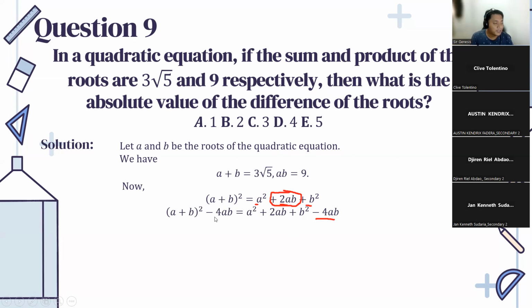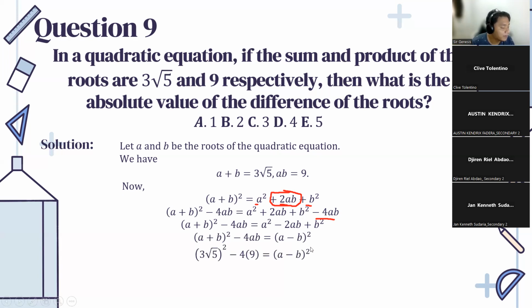Subtracting 4AB from both sides of the equation will give us A plus B quantity squared minus 4AB is equal to A squared minus 2AB plus B squared, which we can then express as A minus B quantity squared.